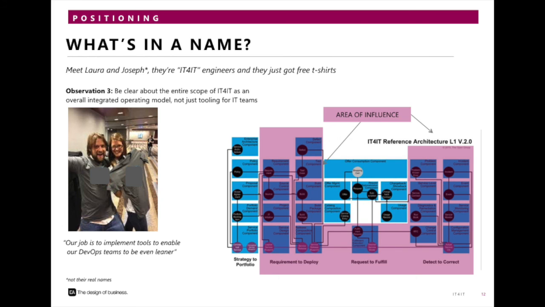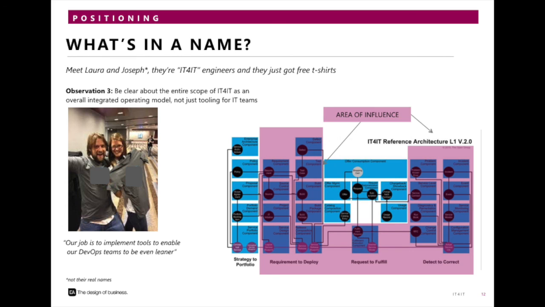And I think one of the things to be careful of is that we see IT4IT as an overall integrated operating model, not just specifically tooling for application teams or development teams. It goes all the way back into enterprise architecture, the way we create views and the way we communicate those views to policies. And there are some areas of influence that the people we've been meeting don't necessarily have direct influence over.